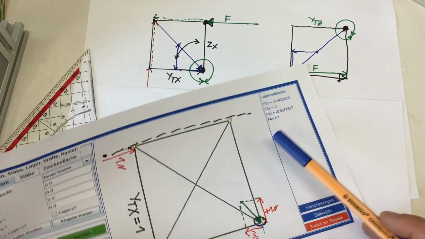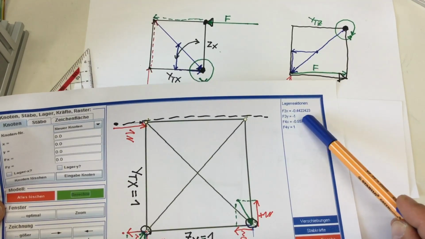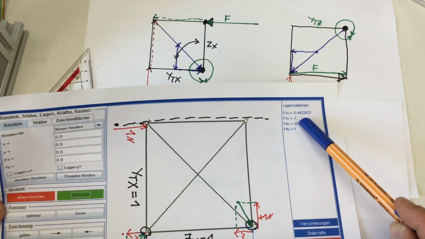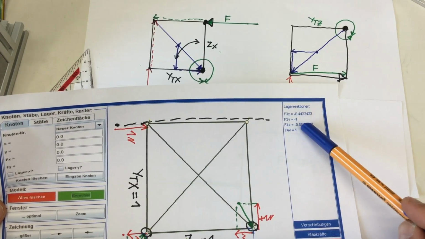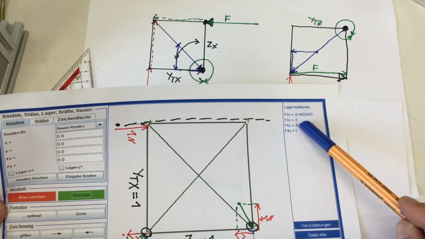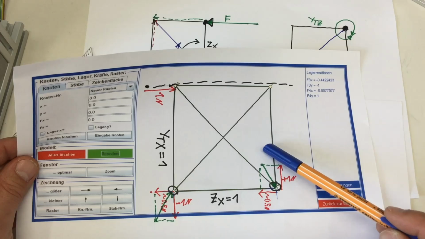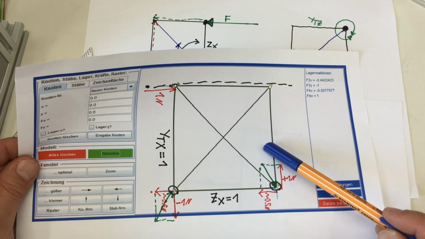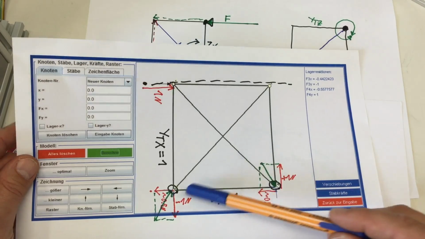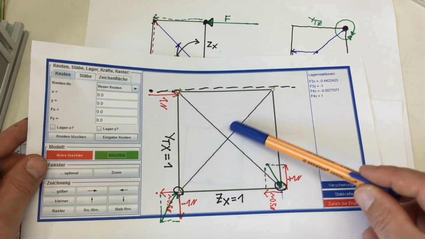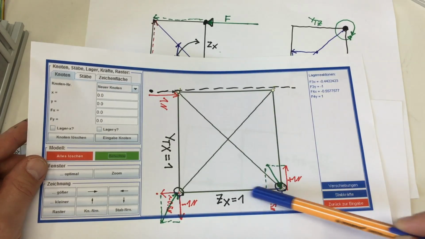And the slight differences, this is not exactly a half. The software calculates here values that slightly deviate. And the reason for that is that it's simply using another method for calculation, a method which implies that basically our body here can deform.